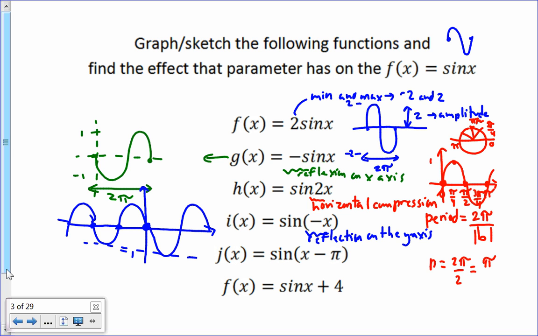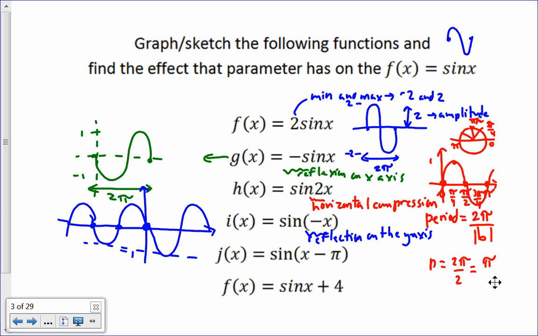This is my reflection on the y-axis. Because instead of going that way, I'm reflecting, so I'm going that way. But really, it ends up the same as here. So if there's a negative in front of sine and a negative in front of x, they're kind of canceling each other, because you're doing a reflection like this and a reflection like this.